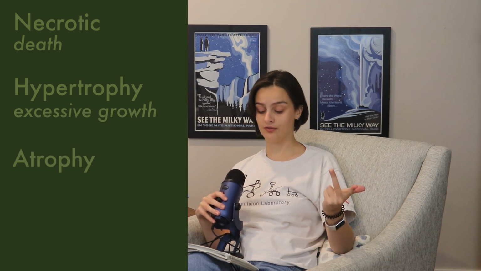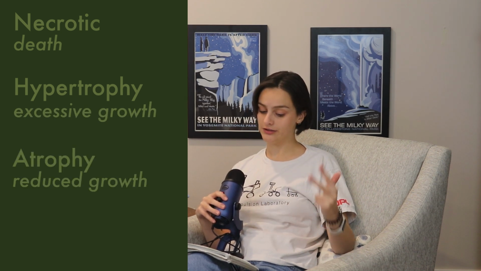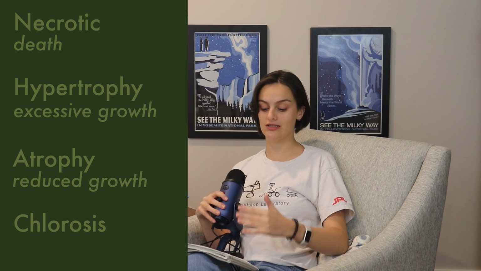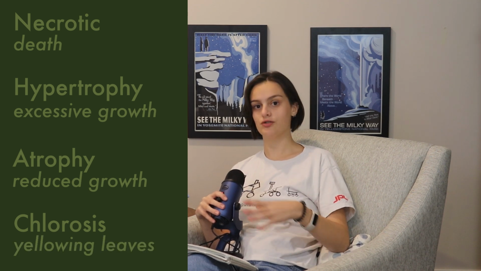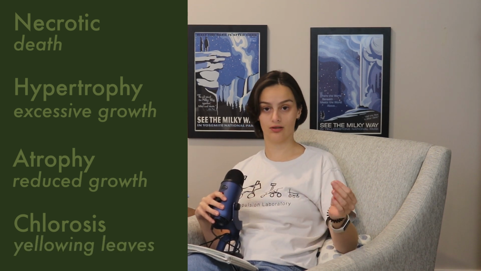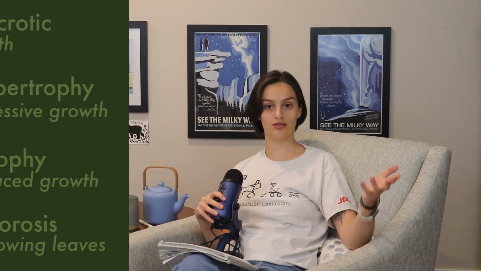So any unhealthy tree will show a reduction in its growth quality, which can fall into 4 categories. There's necrotic, which is death in any region of the plant, hypertrophy, which is excessive growth of any region, atrophy, which is reduced growth of any region, or chlorosis, which is the yellowing of green tissue due to an inability to produce chlorophyll, which is what's produced in photosynthesis.